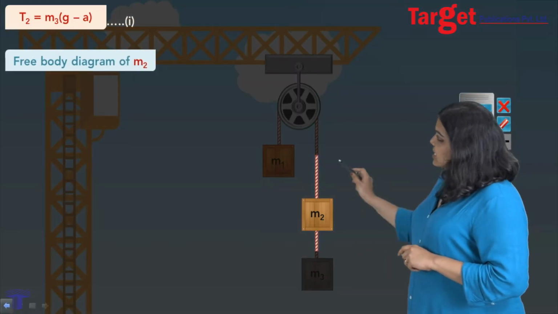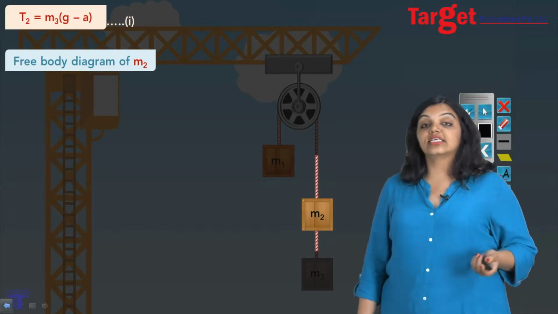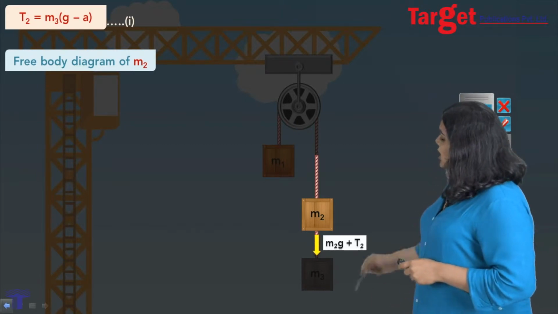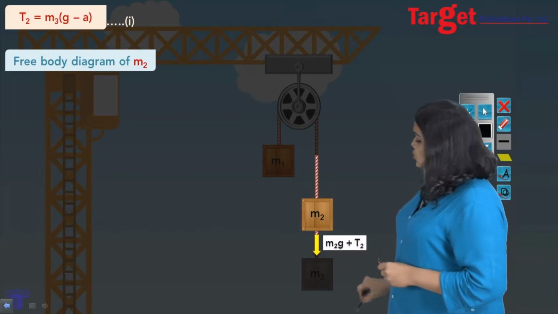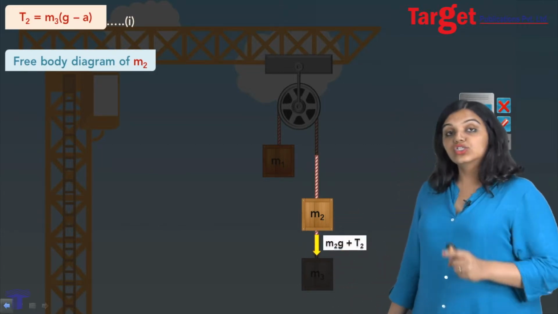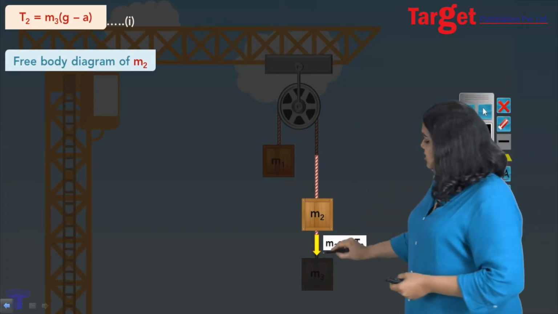The next block is this block M2. If I draw the free body diagram of M2 and I ask the same question, what are the forces acting on M2? First, I will see that the weight of the block itself acts downwards, which is M2G, but the tension in this part of the string also is trying to pull this block M2 downwards. And why is there tension in this string?